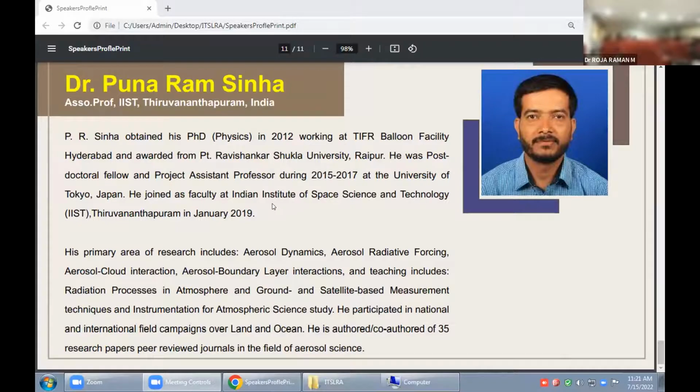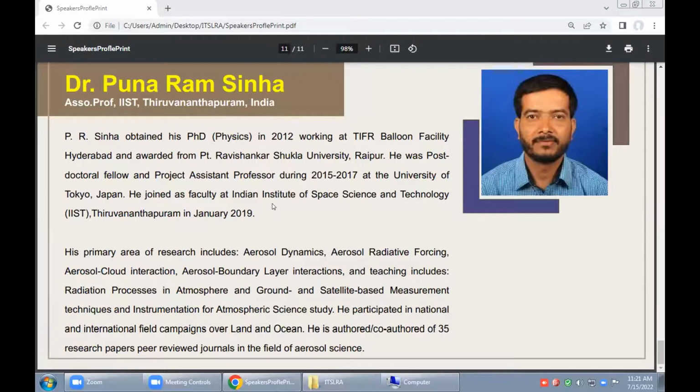Dr. Punaram Sinha, Associate Professor in IIST, Thiruvananthapuram, India. P.R. Sinha obtained his PhD in Physics in 2012, working at the TIFR Balloon Facility, Hyderabad, awarded by Pt. Ravishankar Shukla University, Raipur. He was a postdoctoral fellow and project assistant professor during 2015 to 2017 at the University of Tokyo, Japan. He joined as faculty at the Indian Institute of Space Science and Technology in January 2016.